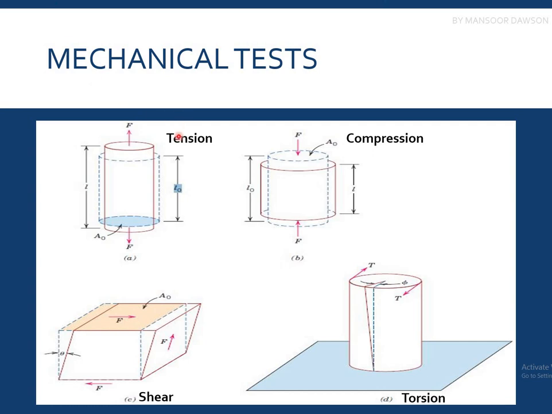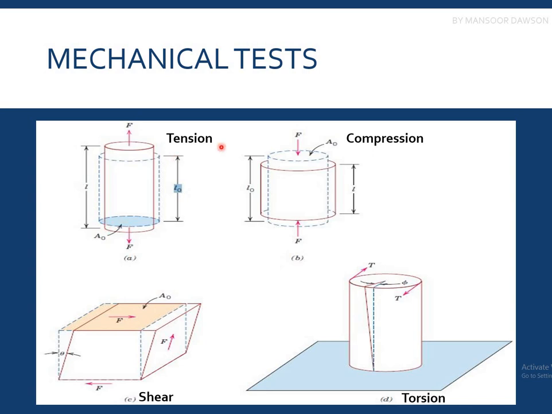First of all, the initial dimensions of the specimen are shown with the dashed lines, and the final deformed dimensions are shown with the continuous lines and solid shapes.